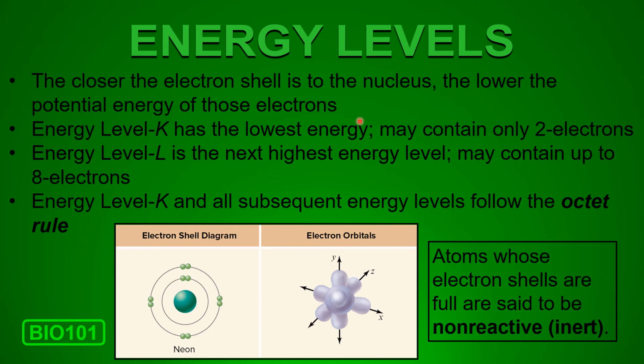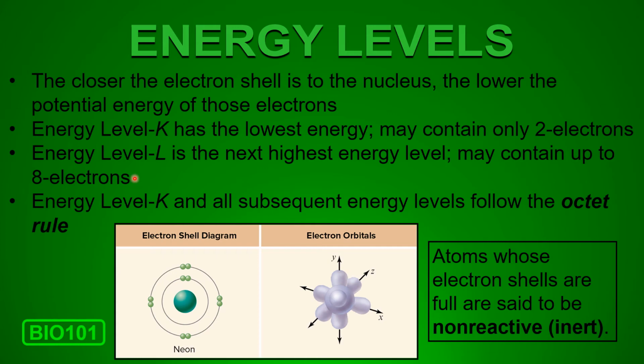But when you talk about something like Jupiter, for instance, with many moons, and Jupiter is a very large planet, the moons that are orbiting furthest from the planet are the ones that are easier to knock off. So energy level K, which is closest to the nucleus, has the lowest energy. It can only contain 2 electrons. Energy level L, which is the next highest energy level, can contain up to 8.